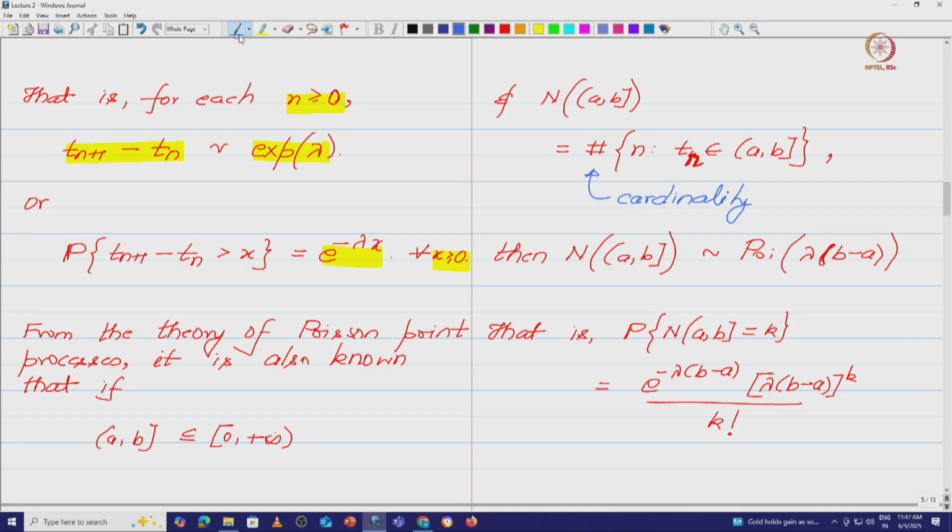You can see that this lambda appears here, and it is the same lambda that you have over here.